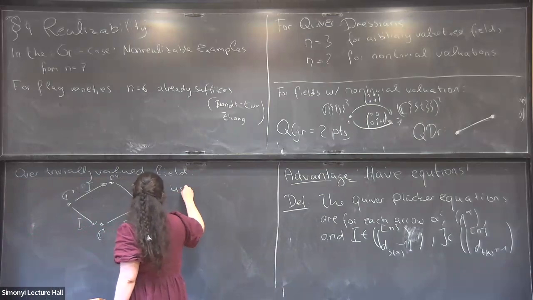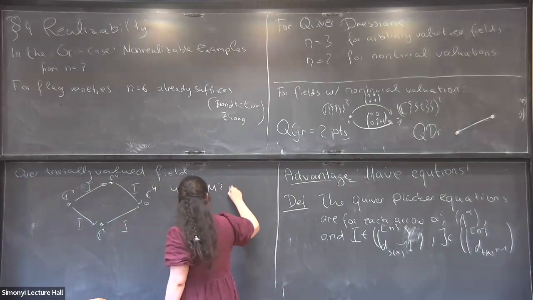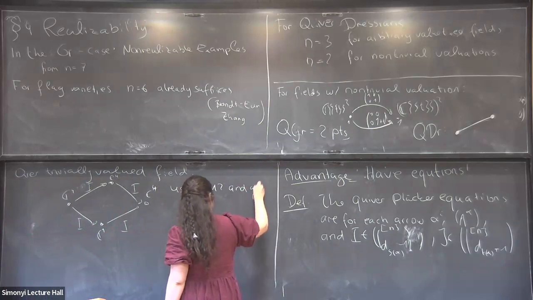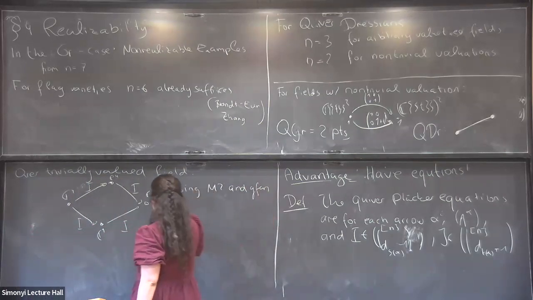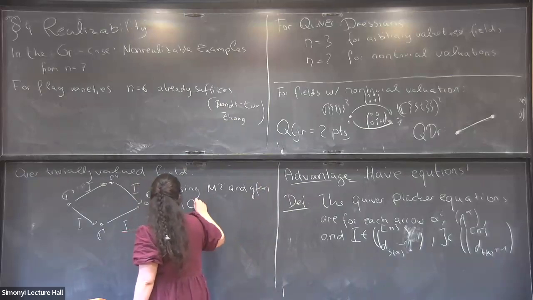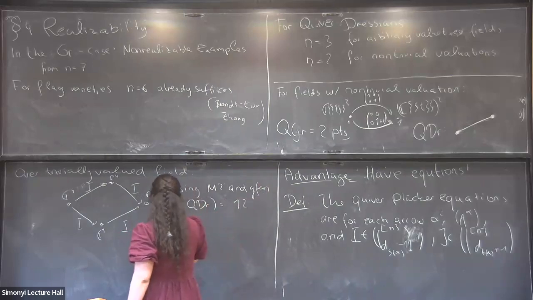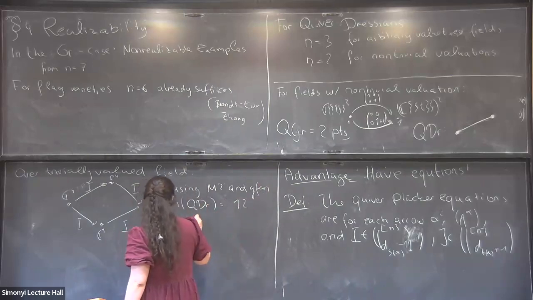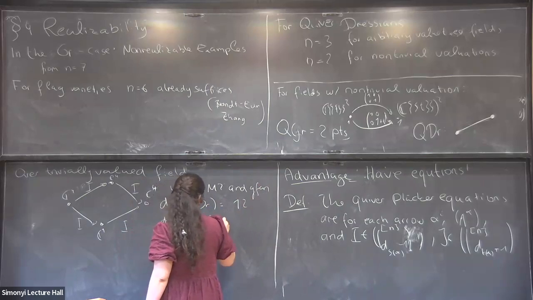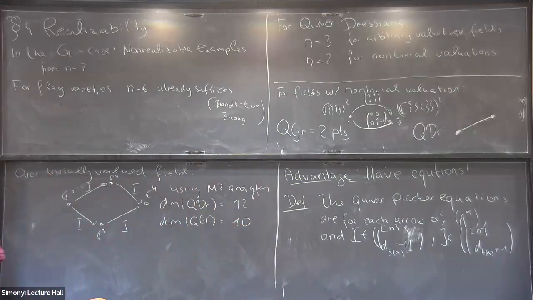Using M2 and gfan, we obtain that the dimension of the tropical Quiver Grassmannian is 12, whereas the dimension of the Quiver Grassmannian is only 10. So these two spaces can never be equal.